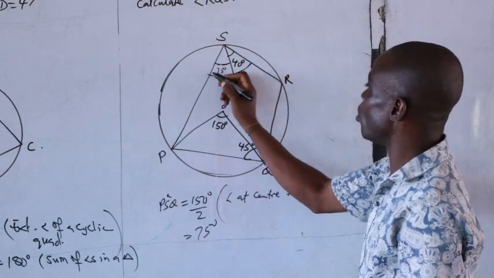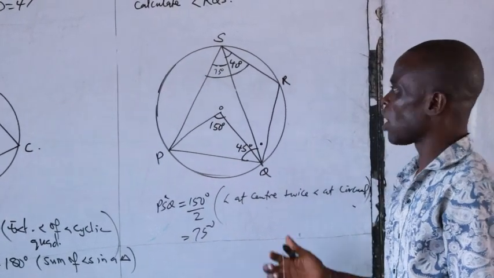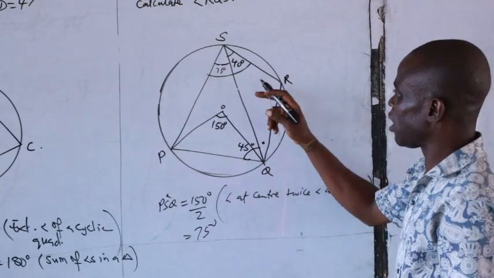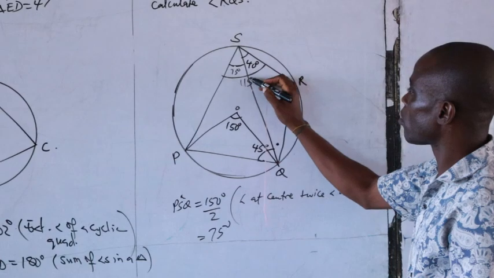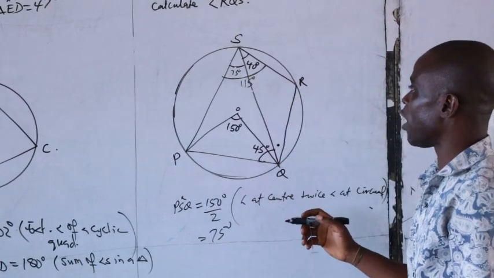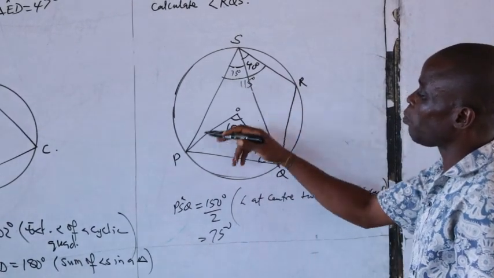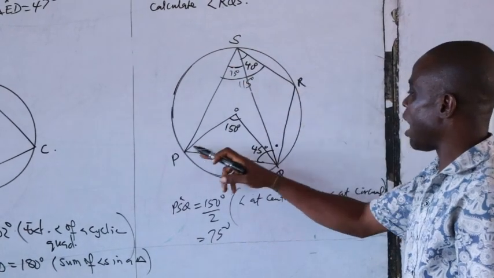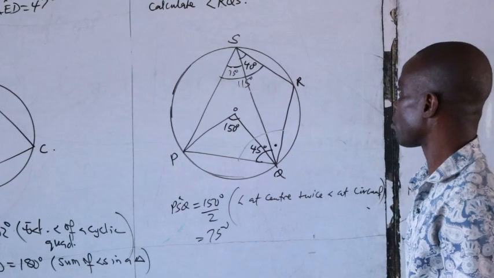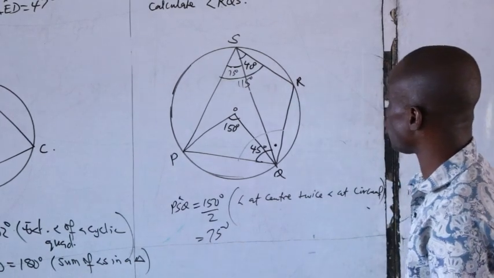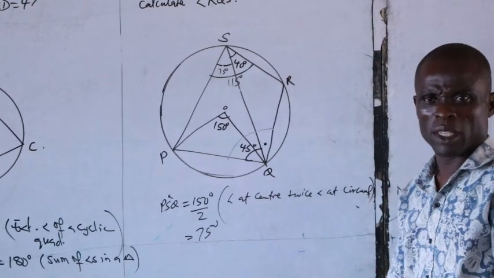After getting this angle, we can add up the two. So that will now give us 115 degrees. So if this angle is 115, please don't forget that PSR and PQR are supplementary. Are you with me?